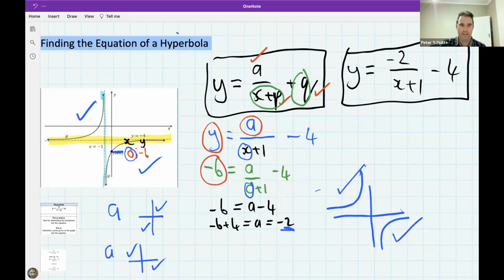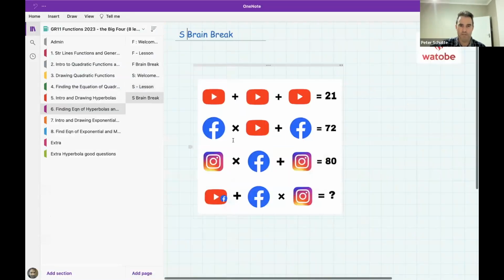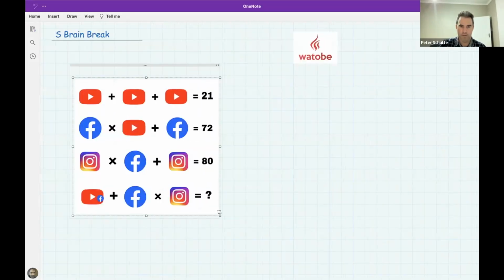Let's do some air skipping or virtual skipping, whatever you want to call it. We're just going to do 20 and we'll start in 3, 2, 1. Let's go. Sit down and have a sip of your water if you're lucky enough to have some water standing by. Take a couple of deep breaths and let's have a bit of fun with a puzzle.